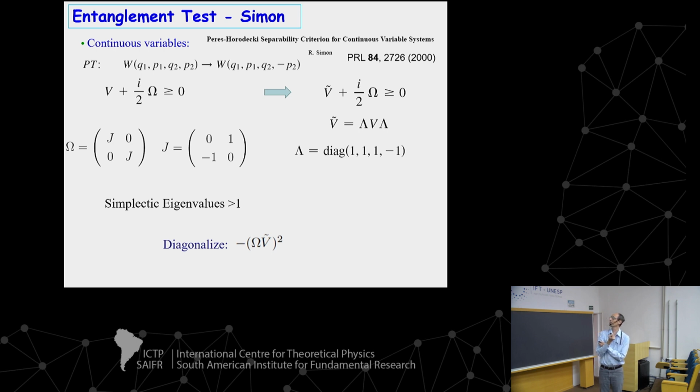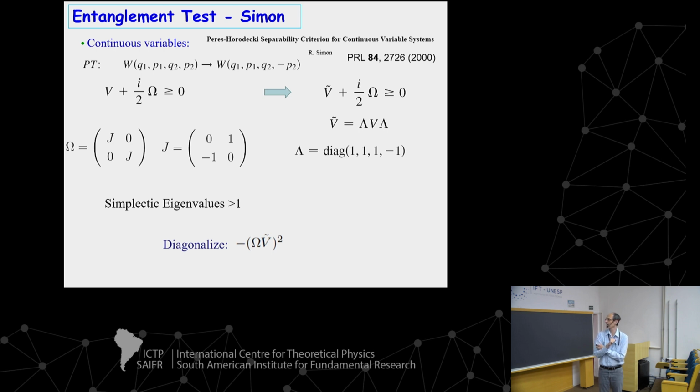So that's equivalent to a partial transposition, and this new Wigner function associated with a new covariance matrix can make again the test of physicality. And if the resulting matrix is not physical, then the state is entangled.